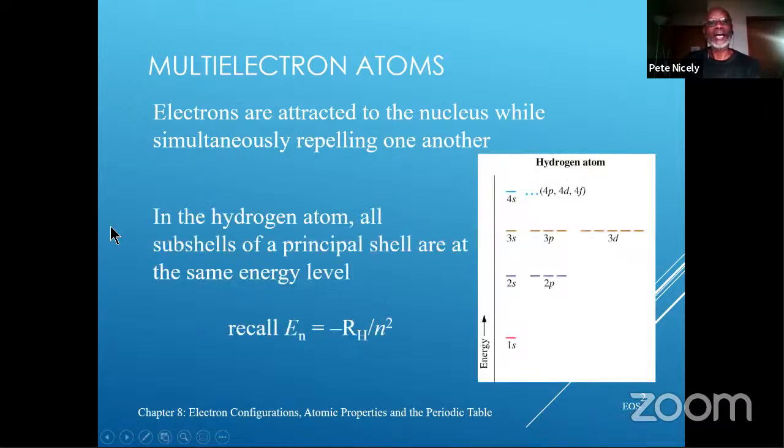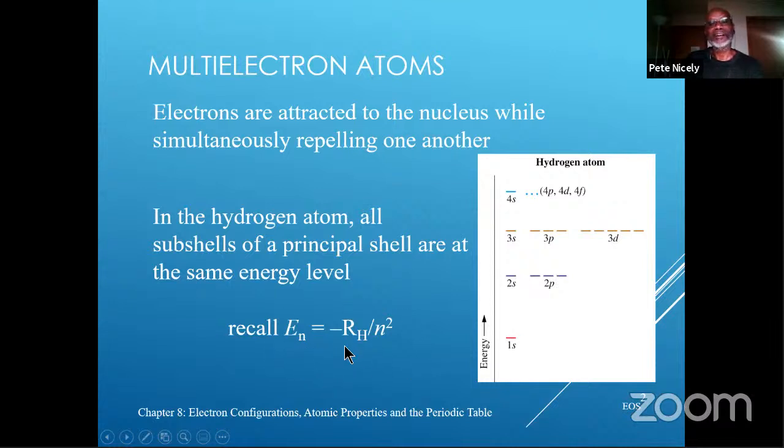So if you look at the single electron atom, hydrogen, and at how the shells are arranged, it's very simple. The first shell will have the lowest energy, then the second shell, then the third shell, then the fourth shell, and so on, right? Very simple. And the energy of each shell can be calculated based on this equation. If you recall, we saw this equation earlier.